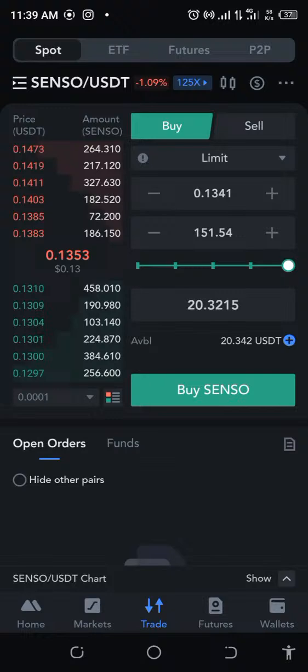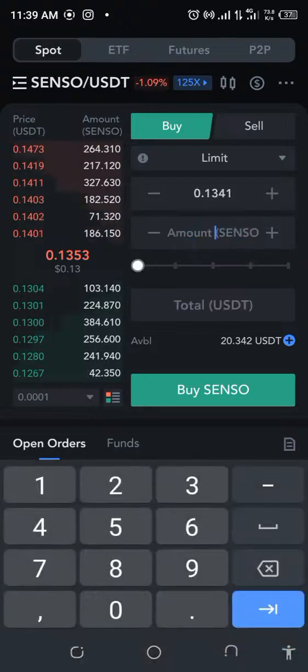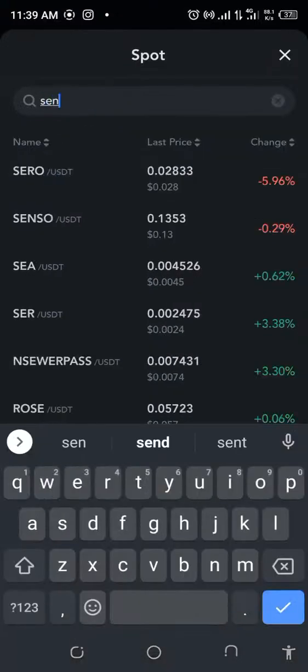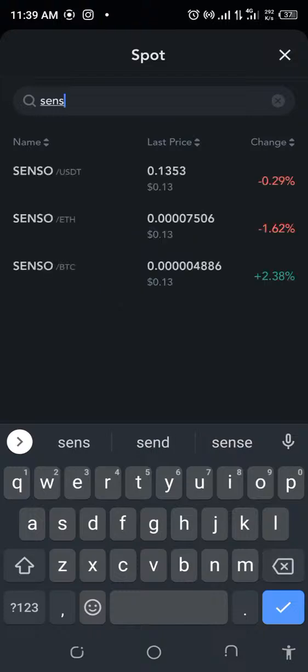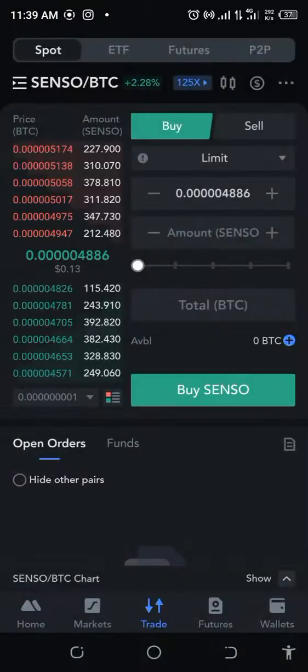So what do we have here? We've got 151.54. Okay, let's copy that, and then let's quickly go and change this to SENSO BTC. So let's quickly change that and see what we get.